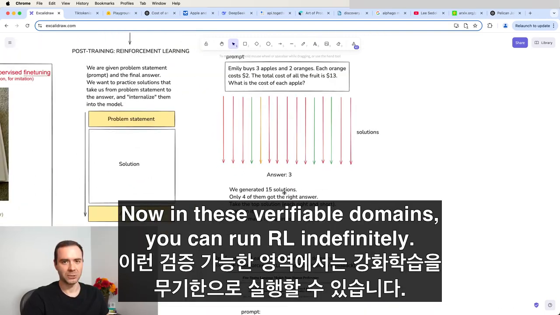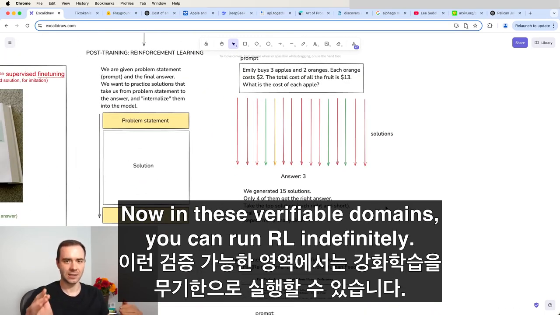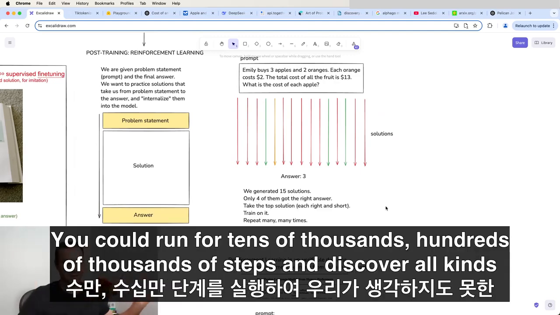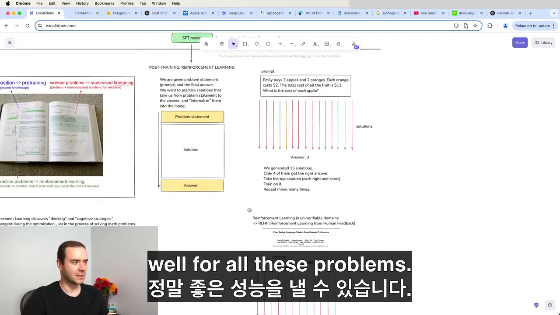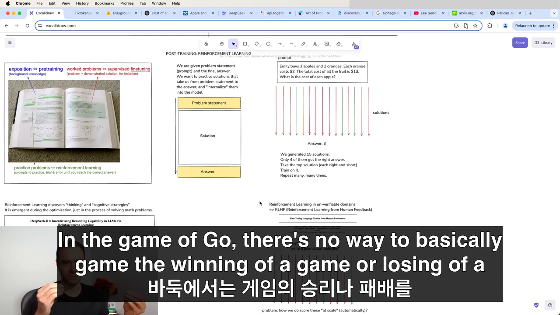Now, in these verifiable domains, you can run RL indefinitely. You could run for tens of thousands, hundreds of thousands of steps and discover all kinds of really crazy strategies that we might not even ever think about for performing really well on all these problems. In the game of Go, there's no way to basically game the winning or losing of a game. We have a perfect simulator.